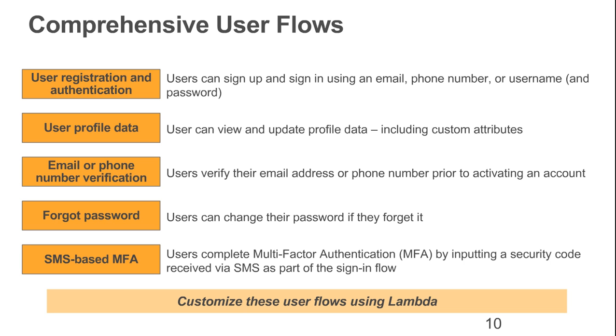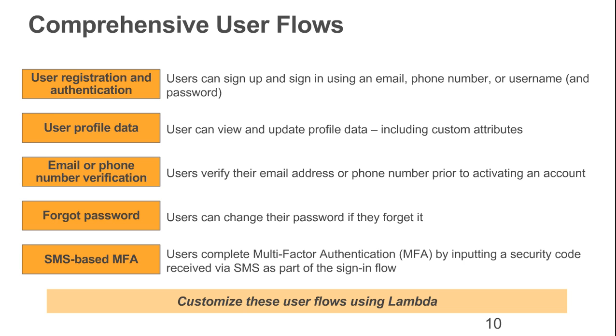We've got built-in email and phone verification, so users can confirm their account by verifying that they do in fact own the email or the phone number that they've provided. We've got the other necessary workflows, like forgot password or reset password, that are built in and happen automatically. I'll show a little bit more about those as we go forward.